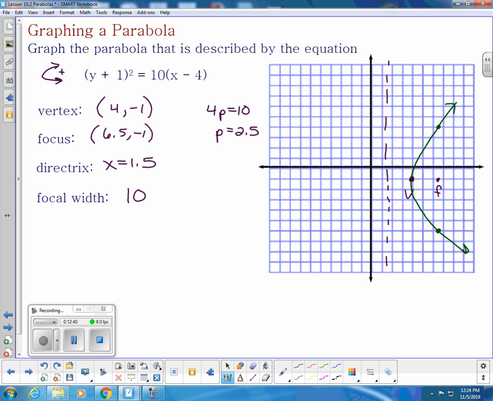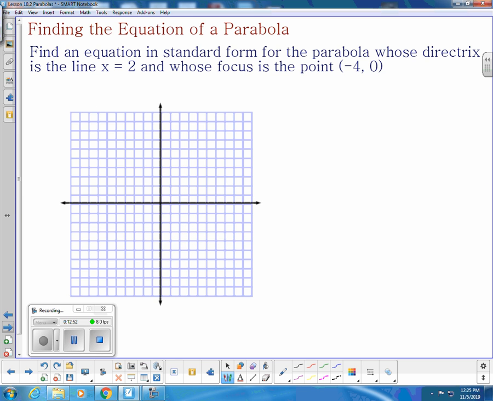Okay, so next couple slides, we are going to write the equations given some clues. It's almost like an escape room. We're looking for clues. It's a puzzle. Find an equation in standard form for the parabola whose directrix is the line x equals 2. So here's my directrix. That tells me one thing.